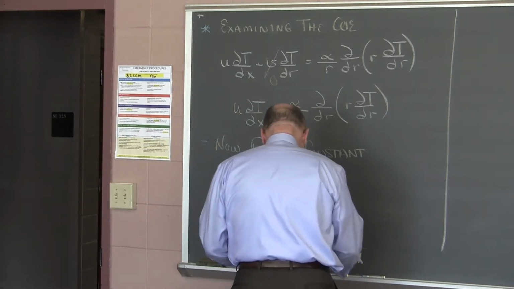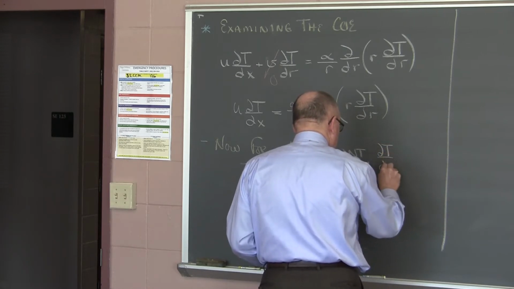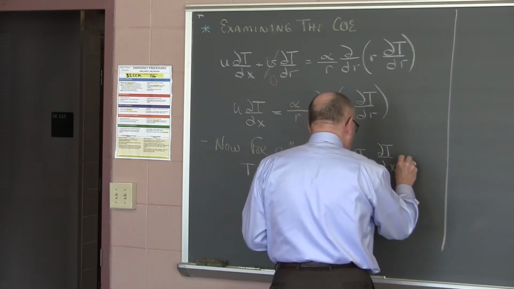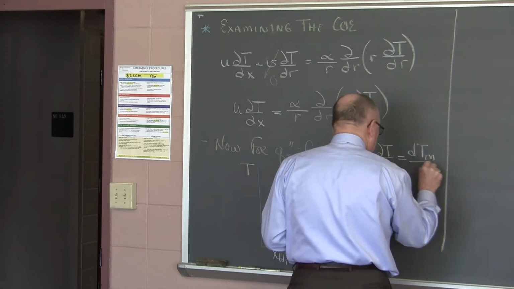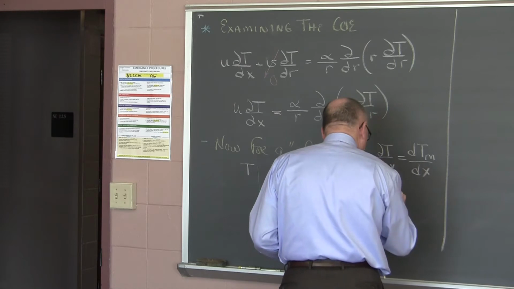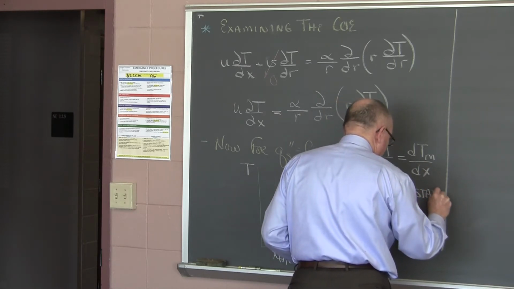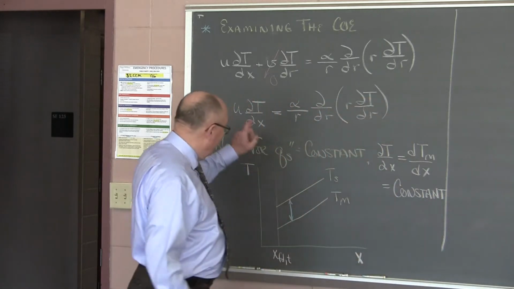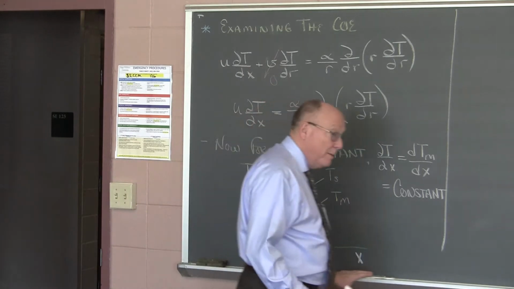Mathematically, that is reflected as the partial of T with respect to x is equal to the change of temperature Tm with respect to x, and those are both equal to a constant. So that says this is constant and equal to this. And so with that, we're going to make a substitution.